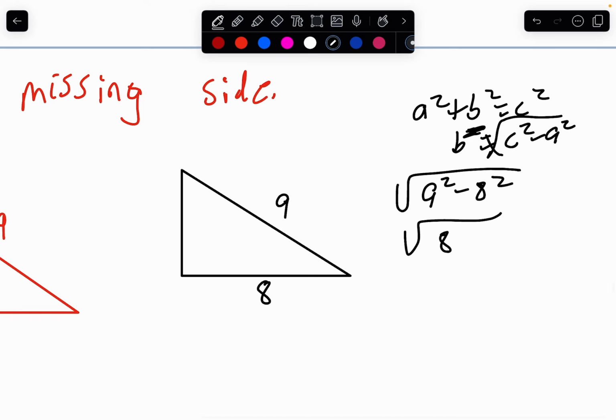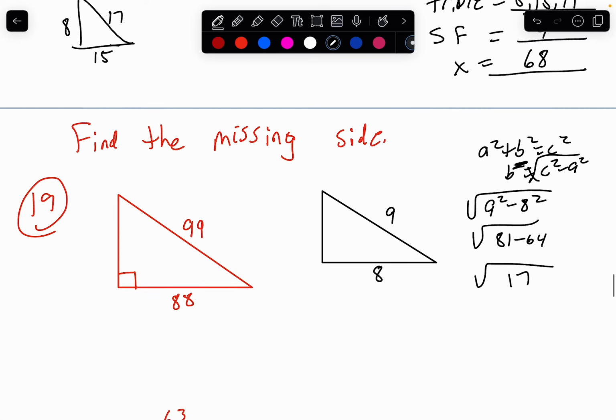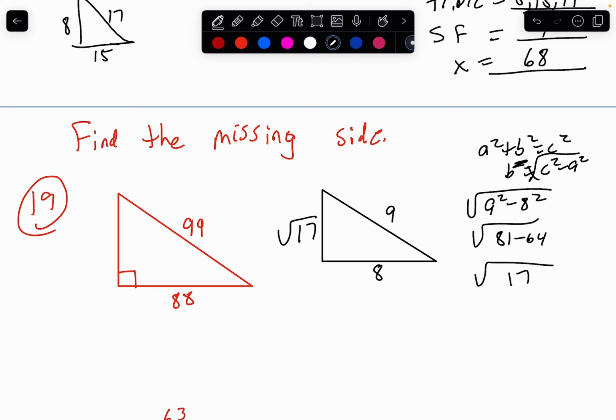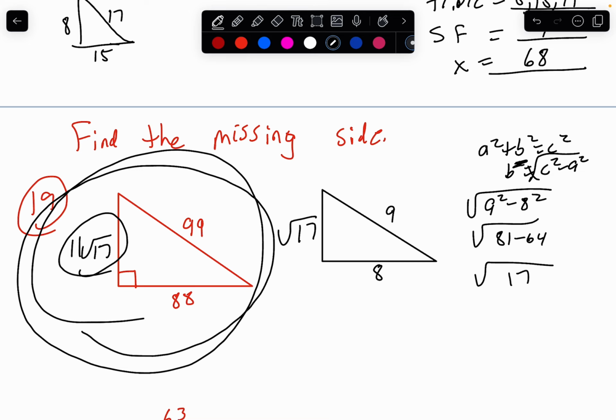That's going to be 81 minus 64, the square root of 17. We divided by 11 to get there, so we need to multiply by 11 to go back home. So that's the Pythagorean theorem on the smaller numbers. If you try to do it over here, good luck.